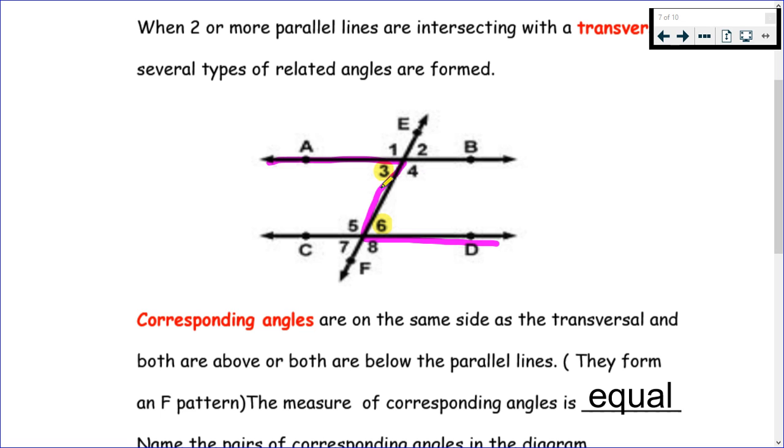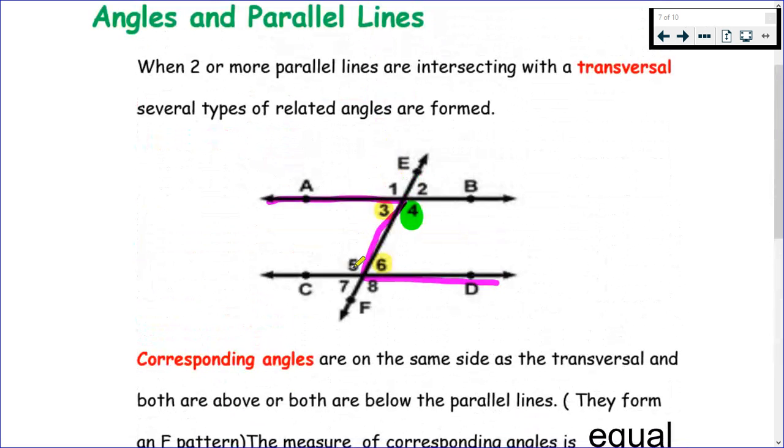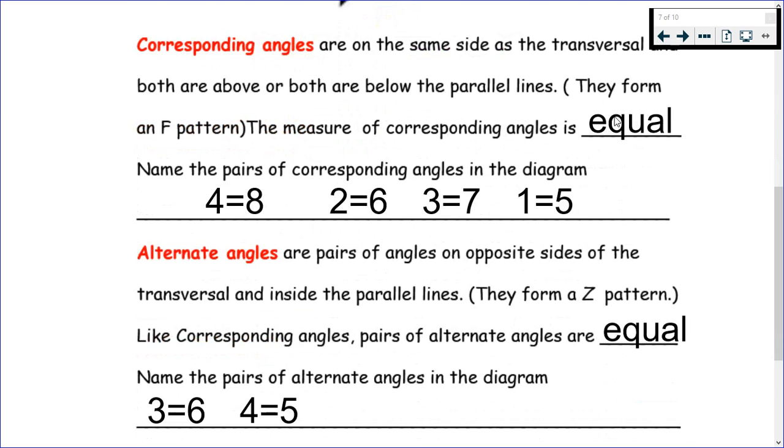So that's okay too. We can still use the same Z shape, and we can then say that these are the same, 4 and 5. Otherwise, we could also redraw a backwards Z, but that doesn't really work. So draw the Z pattern. The values that are on the inside, like the interior angles, are the same, and then the exterior angles are also the same as each other.